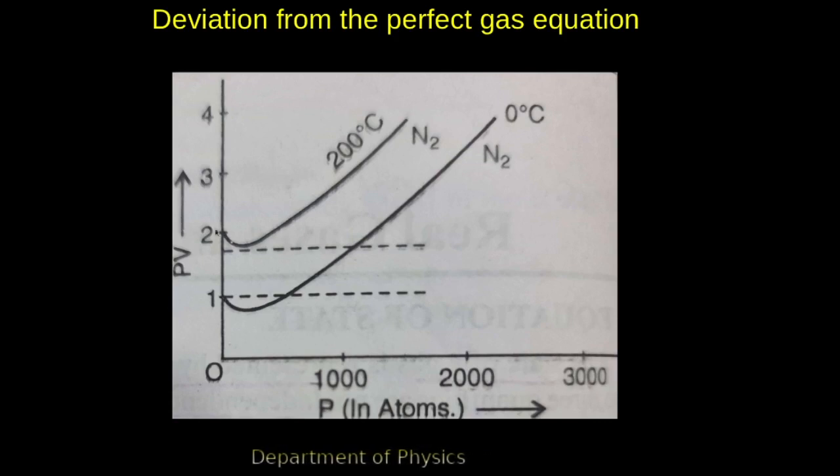This PV is going to decrease for this value and this value, acquires a minimum value, and then increases as in case of H2. The minimum value of PV here and this one depends upon the temperature of the gas.